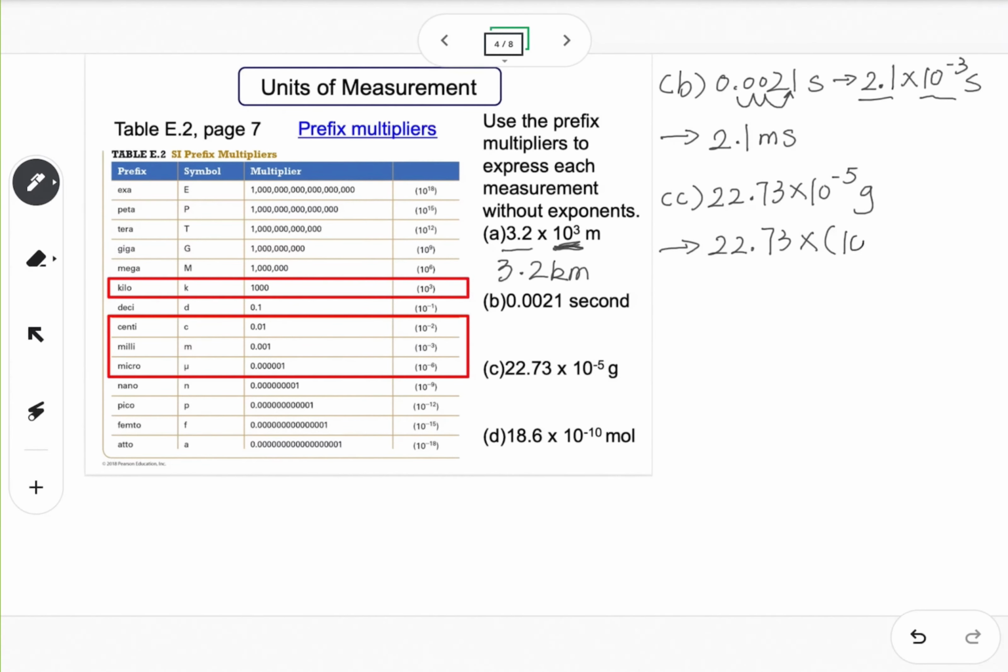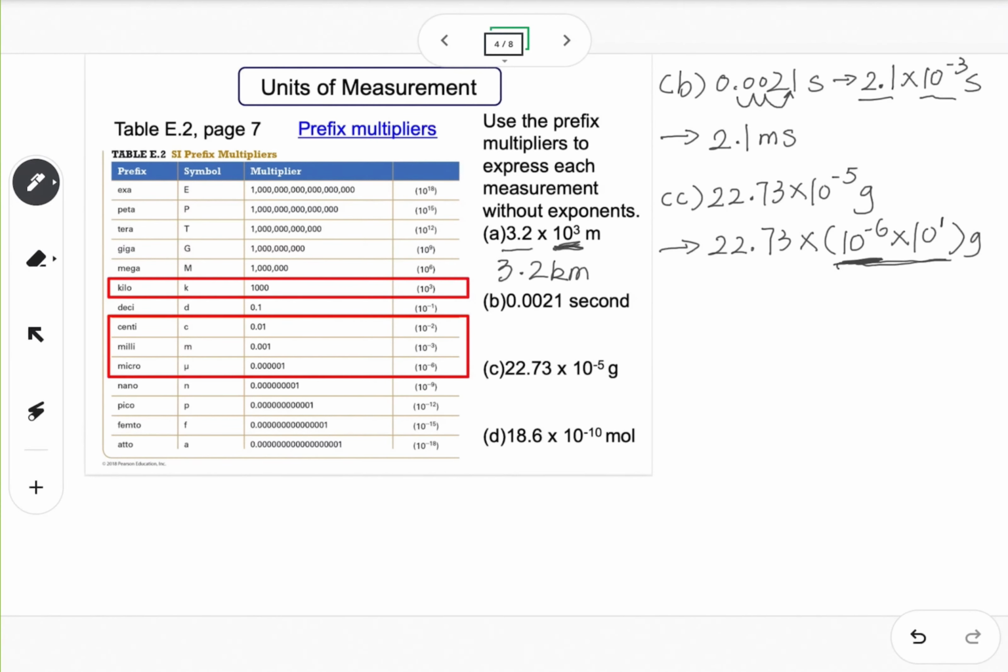The first reason is I've come up with 10 to the negative 6, which has a corresponding prefix symbol to use. The second reason is that the combination of these 2 parts will make sure that I don't change the value of 10 to the negative 5. What do I mean? Let me show you.